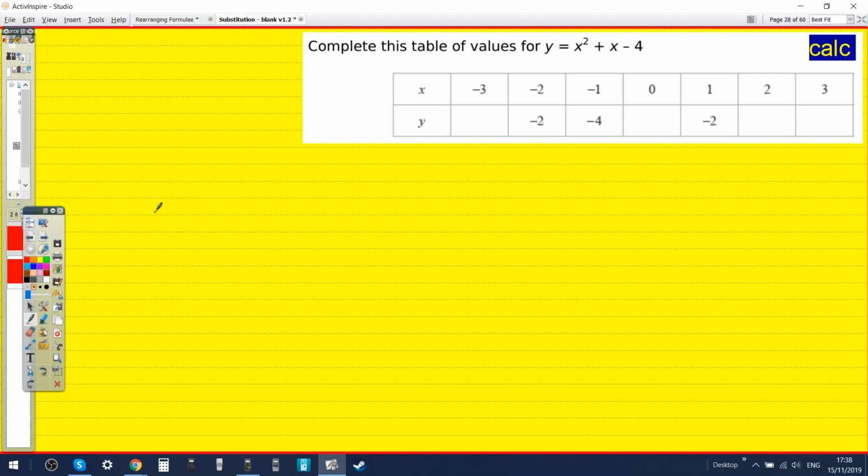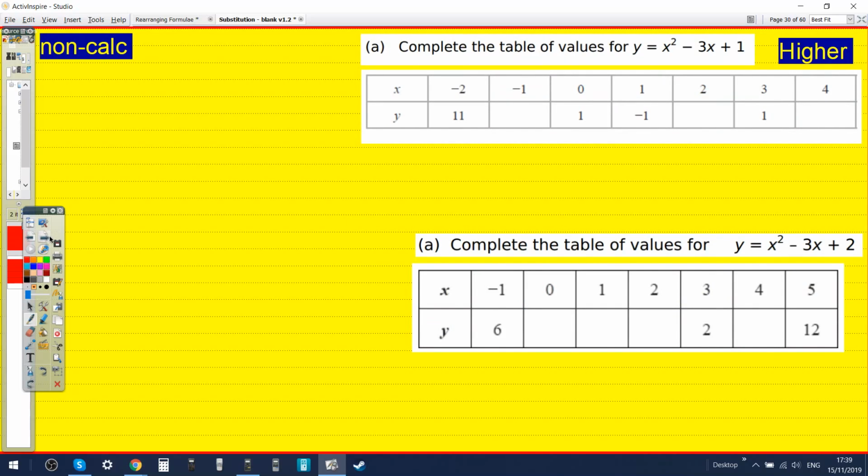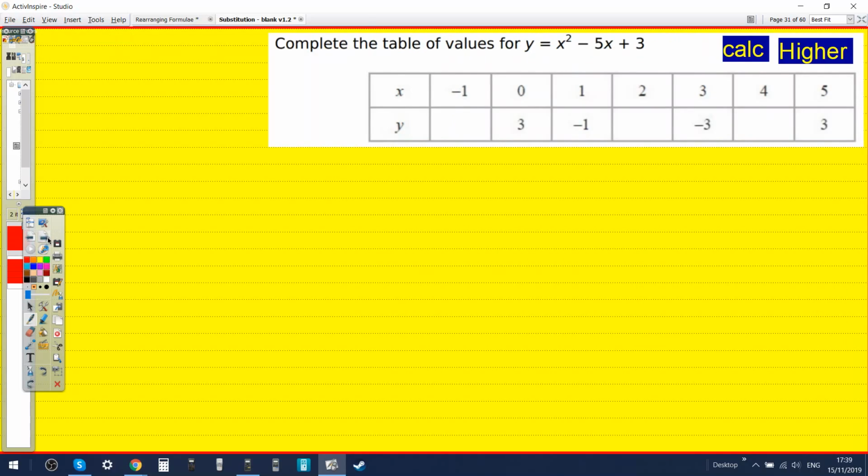Yeah. Minus 3, 2. Okay. The next ones are correct. 0, minus 4. 1, minus 2, yeah. 2, 2, 2. And 3, 8. That's it. I mean, you can see there's a huge advantage to doing them with the calculator.